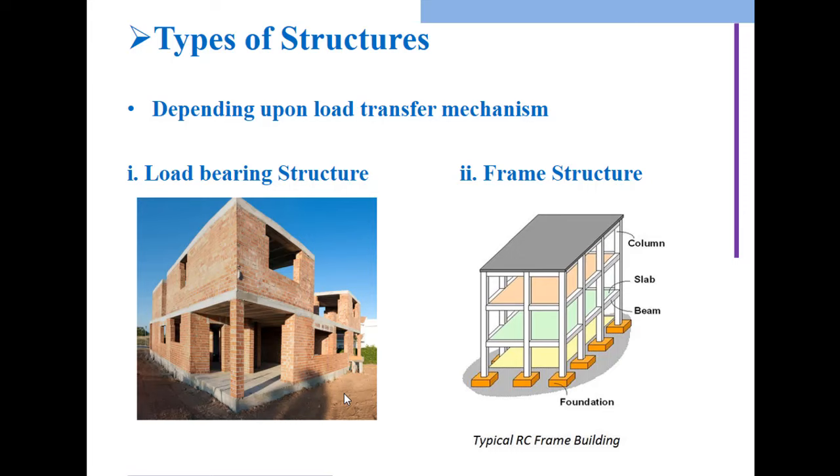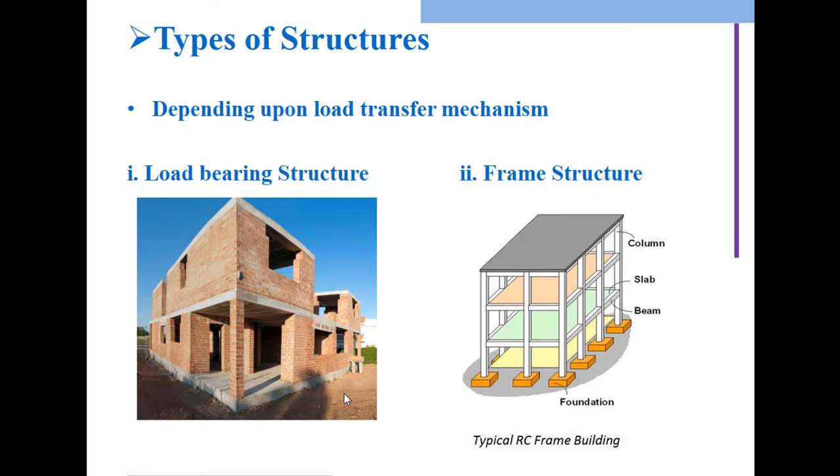Now coming to the frame structure. Look, a frame structure always consists of a foundation. Even though in a load bearing structure the foundation is the main platform, here the load transfer system is totally different. If you're talking about earthquake engineering, it basically deals with the frame structure.